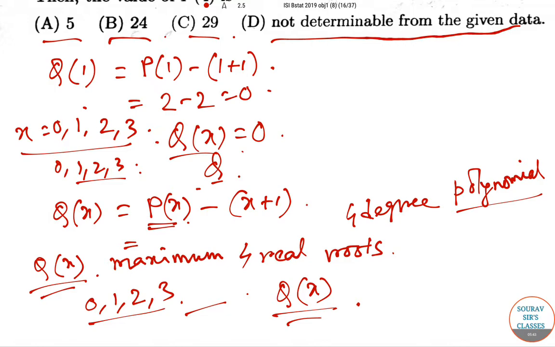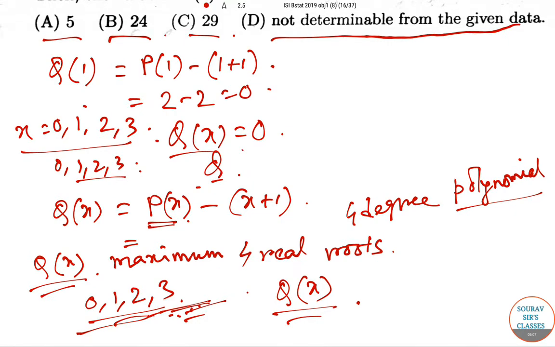So here we got all the roots of Q(x). So Q(x) equal to x into x minus 1 into x minus 2 into x minus 3.